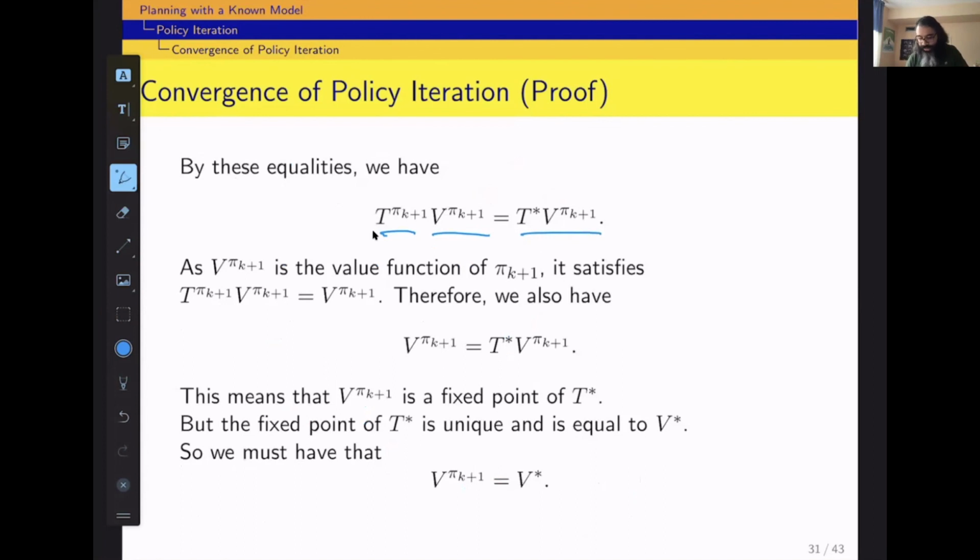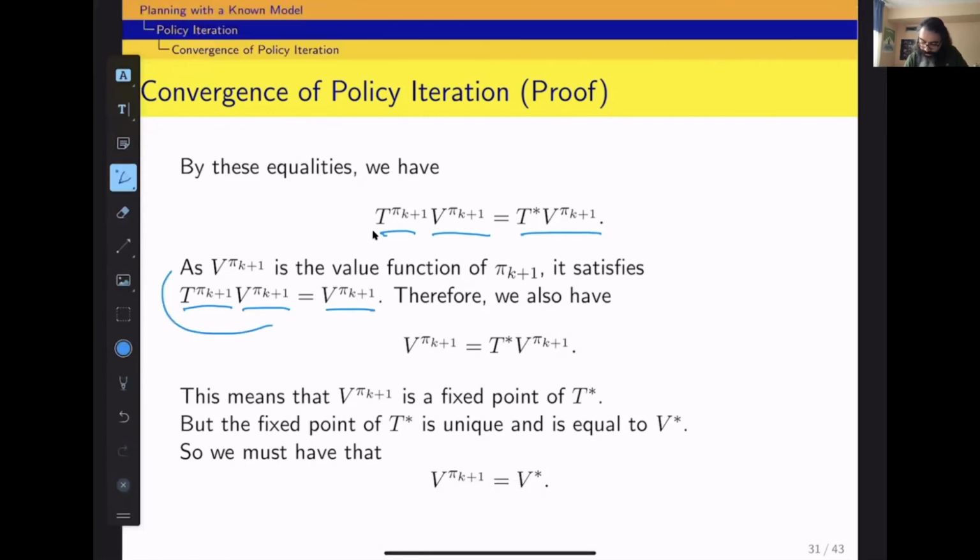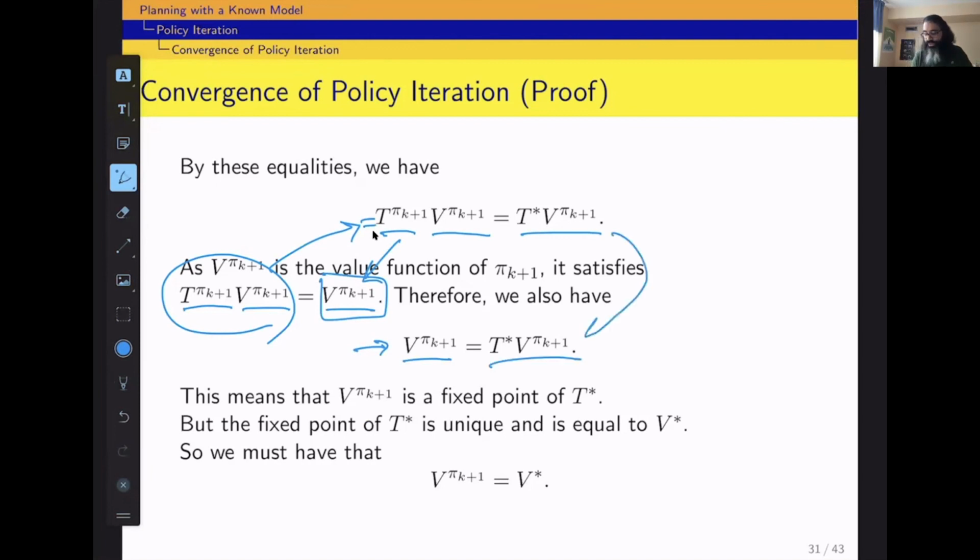So T pi k plus 1 V pi k plus 1 should be equal to V pi k plus 1. So this means that this quantity, which is equal to this left-hand side, can be replaced by V pi k plus 1, which is exactly what I'm doing here. So I get that V pi k plus 1 is equal to T star V pi k plus 1, which just comes from this equality.